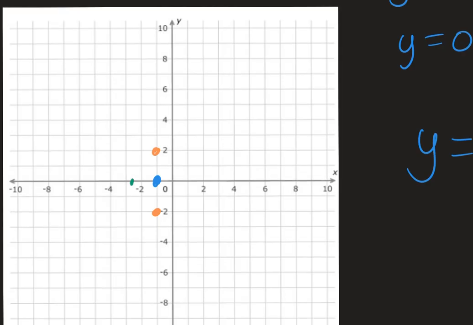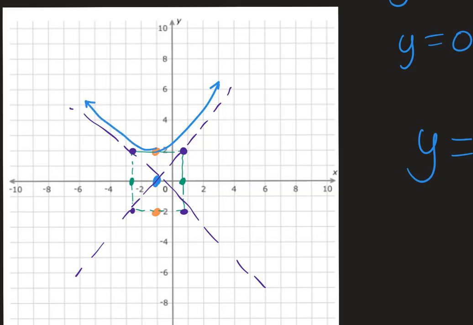I'm going to approximate it, 1.7 to the right, 1.7 to the left. I'm going to make the little box. I'm going to find the corners. I'm going to pass the asymptotes through them. And then it's vertical, so we're going up and down, making them as wide as those asymptotes.